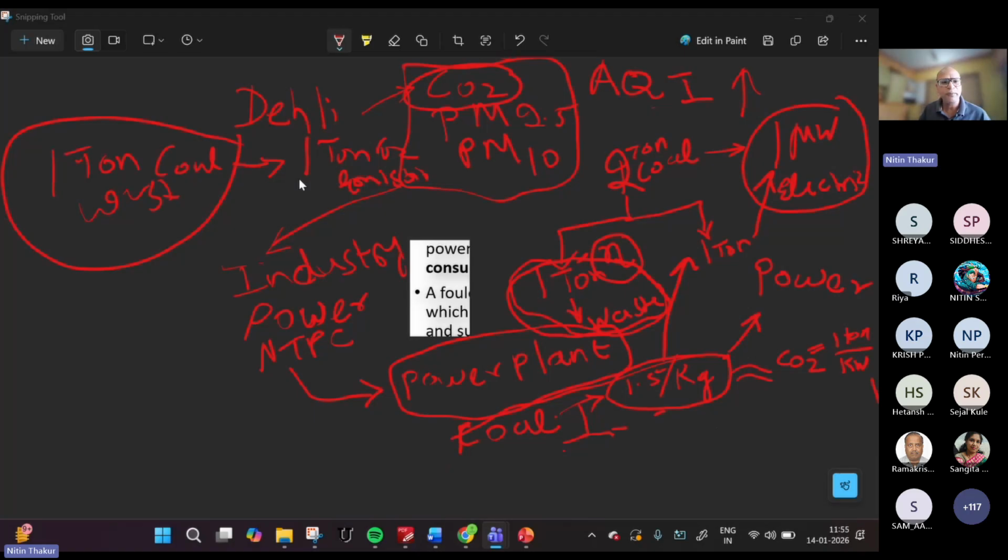And our target was mainly how we can make this more efficient. So our entire game is in this arena, how we can reduce the coal consumption so as to reduce the CO2 emission. So that is the base I want to set, that is where this whole topic will go.